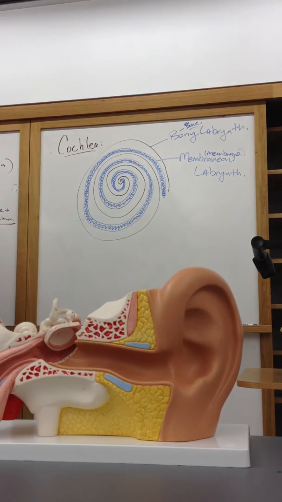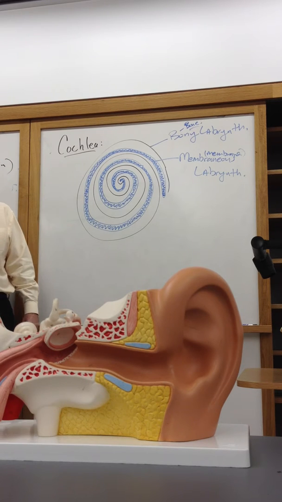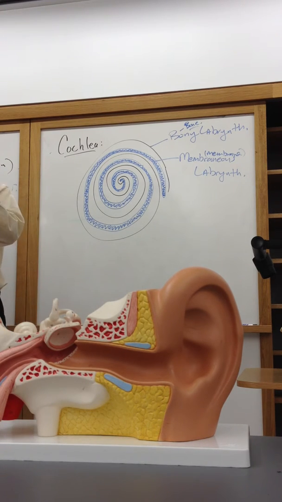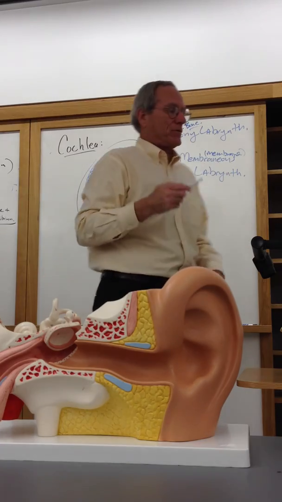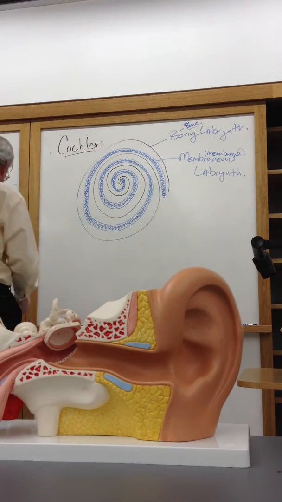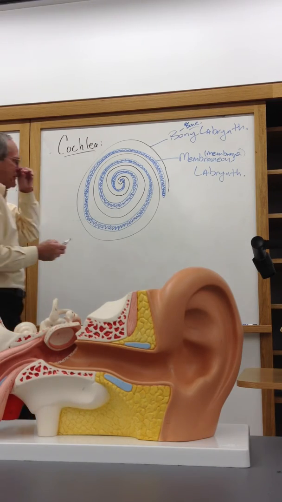Okay, so the membranous labyrinth literally follows the contour of the bony labyrinth. So you have this 2.5 revolution circle structure of bone, that's the cochlea, and within that contour, you have a 2.5 revolution circle of membrane called the membranous labyrinth. And there is fluid in both of these.